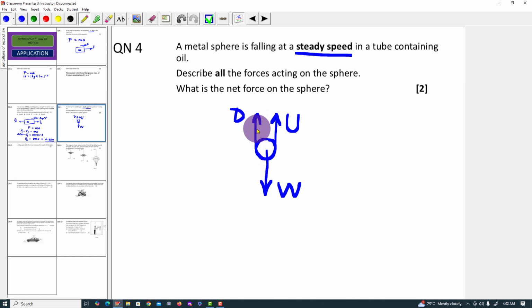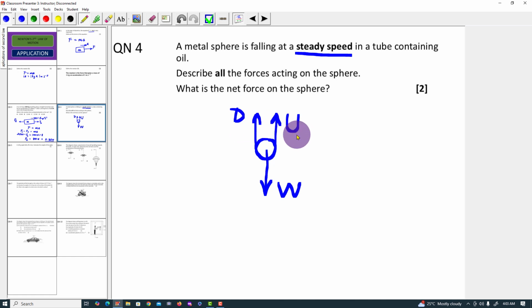This is the frictional force on the sphere by the liquid or by the fluid, because it is moving through a fluid. So that frictional force on the object, which is exerted on the object by the fluid in which it is moving, is referred to as a viscous drag. Or simply put, you can just call it frictional force.